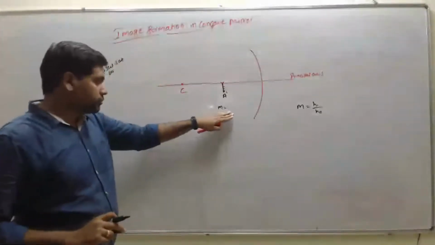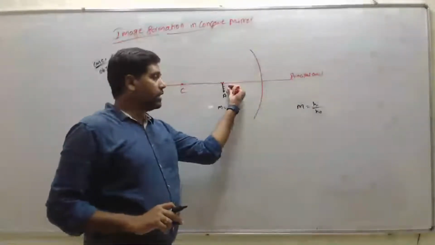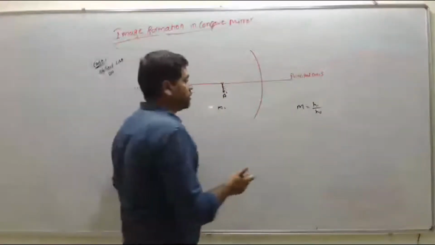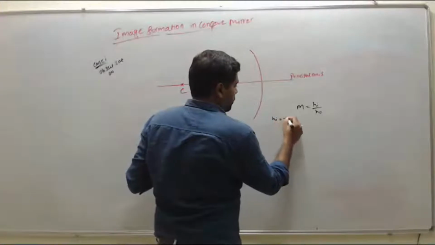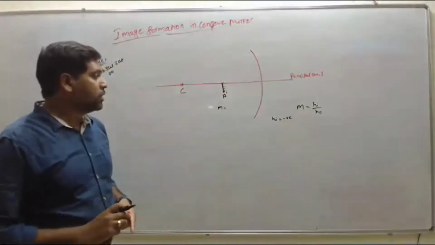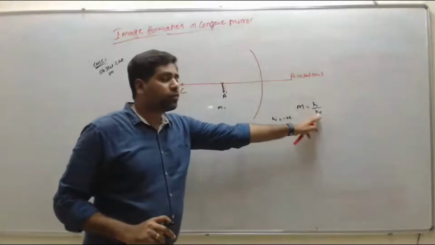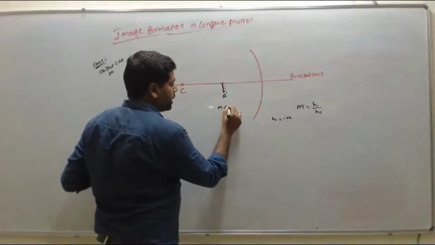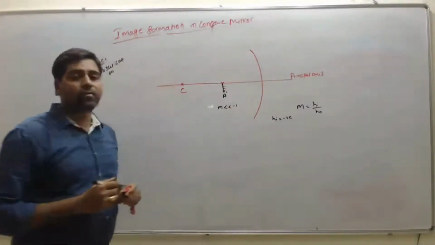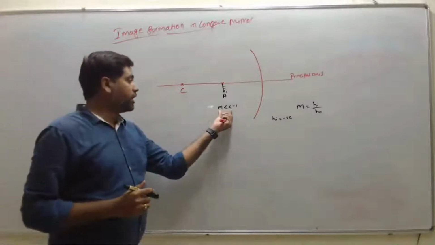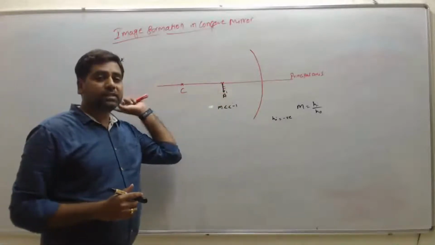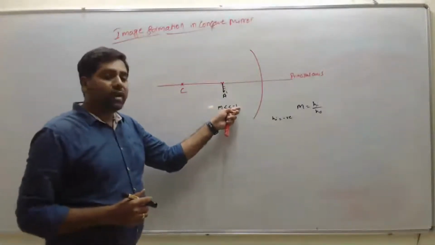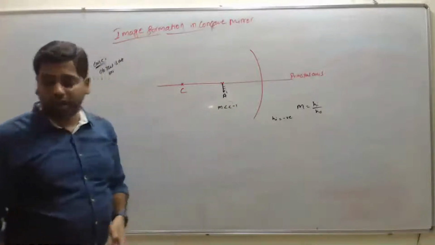Here the height of the image is very small and inverted. By convention, the height of the image is negative, so the height of the image is less than the height of the object, and magnification is very much less than minus 1. So this is the magnification for the object placed at infinity: we get the image at the focus and its magnification is much less than minus 1.